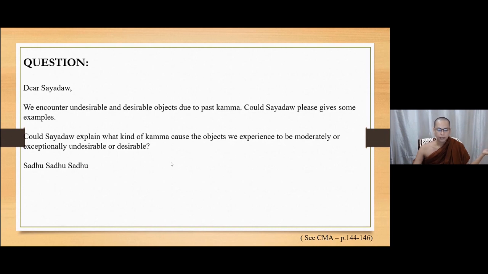Then for the desirable object, it can be different. It can be different in moderately and exceptionally.